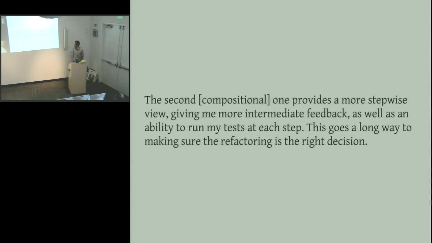It goes a long way to making sure that refactoring is the right decision. So this supports our hypothesis that the compositional style is more predictable. Thus, it performs a small change at each step, and it gives more control to the programmer.